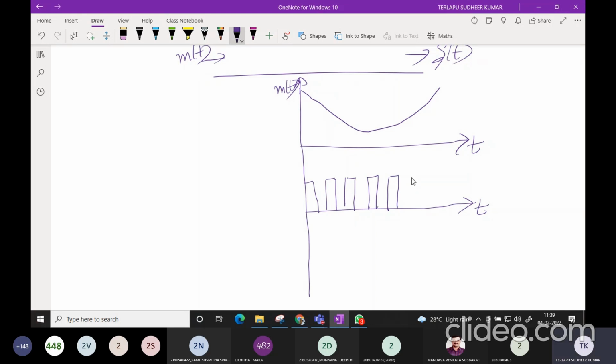Train of pulses is my C of t in the case of naturally sampled pulse amplitude modulated signal. So this is my C of t.